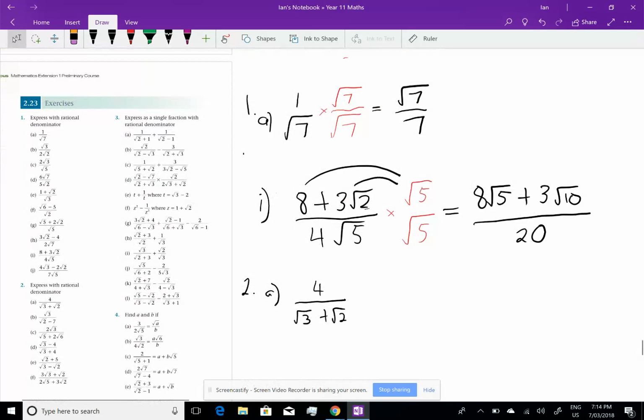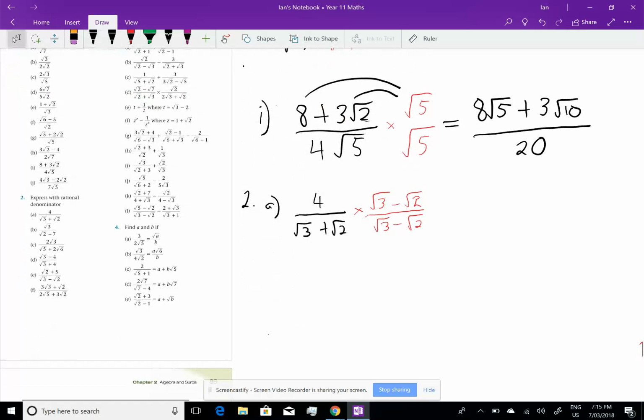Now, if I can do that here, I can get rid of both the root 3 and the root 2 at the same time. Well, that's something plus something. That's root 3 plus root 2. So I'm going to multiply by root 3 minus root 2, top and bottom, which is like multiplying by 1. And that will help me do it.